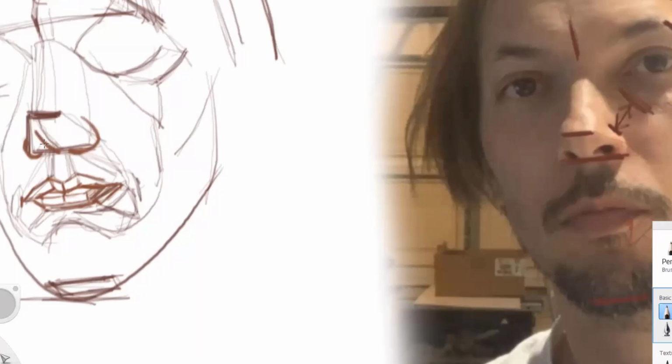I wrap it around with the cartilage changes in here, and I can construct that sense of the nose as a form. I don't have very pronounced bone change in there, but there are some little changes that happen.